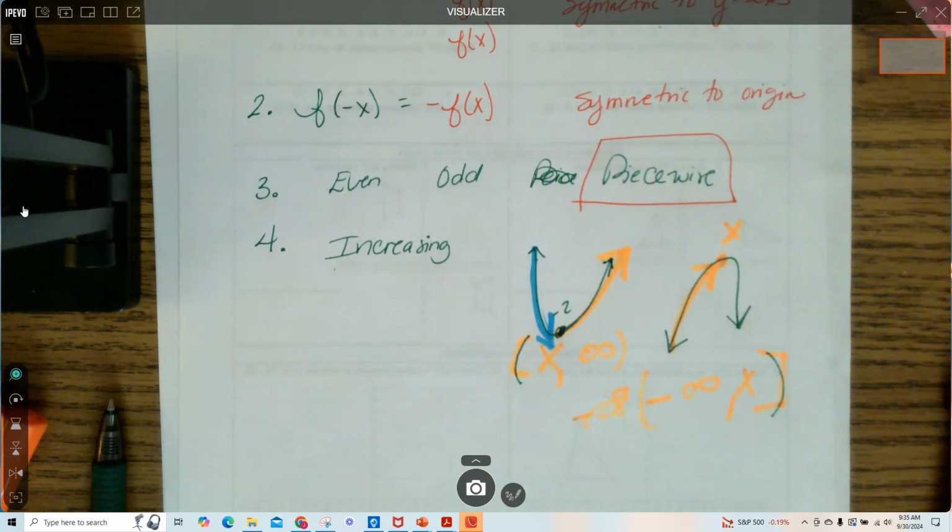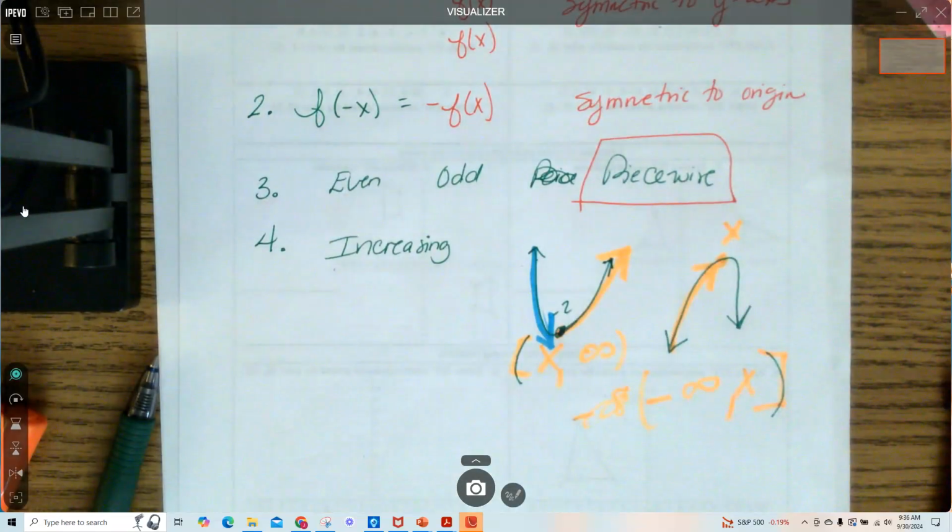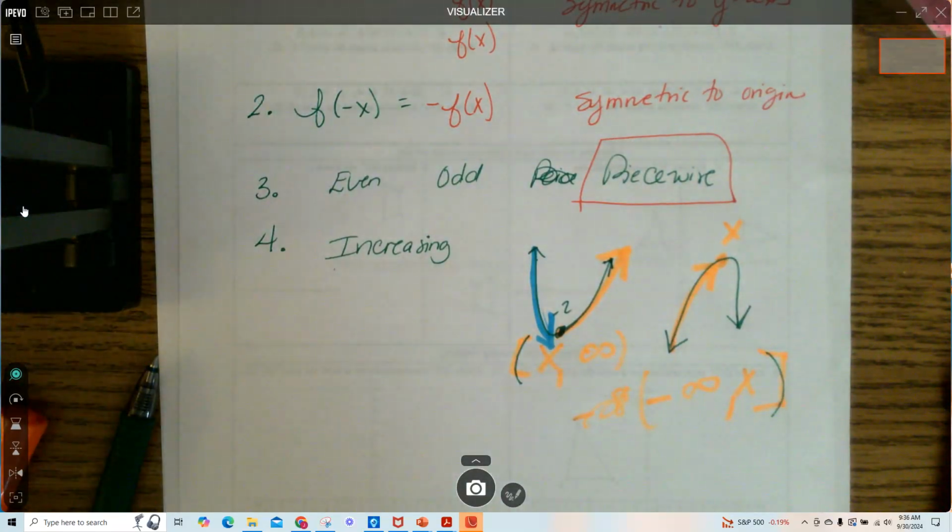I think I wrote it. Function is increasing from negative infinity to -2. Look at your x value. Right? So it's not the y value, it's the x value. It doesn't include the vertex because the vertex is no longer going up or down.